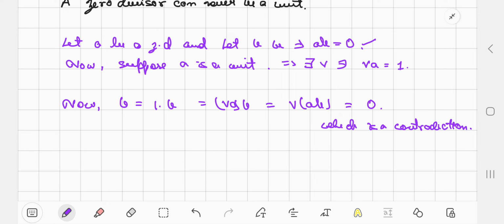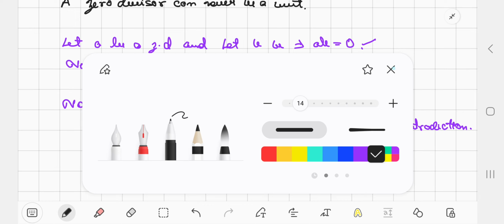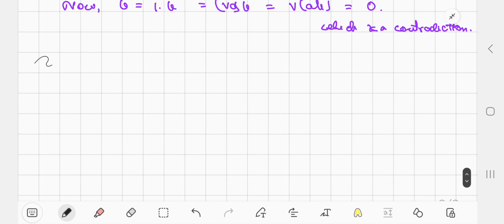A few examples, if I say examples. I guess I should include this here, or whether I'll do it in the next lecture. Okay, let's do it here only.